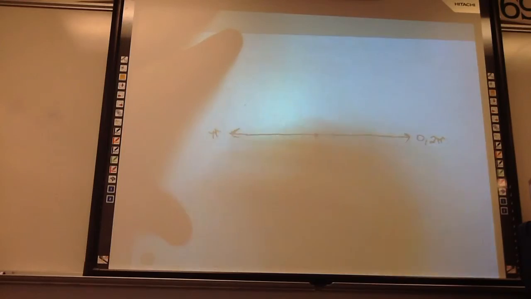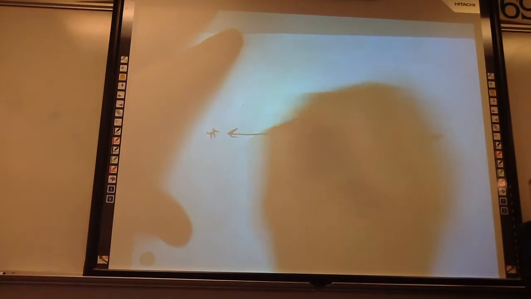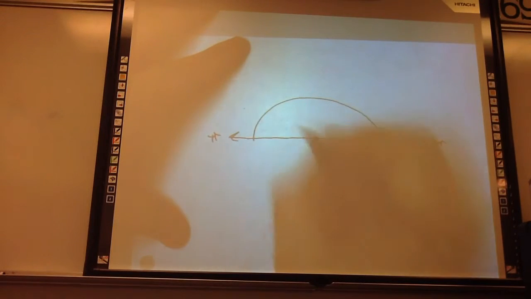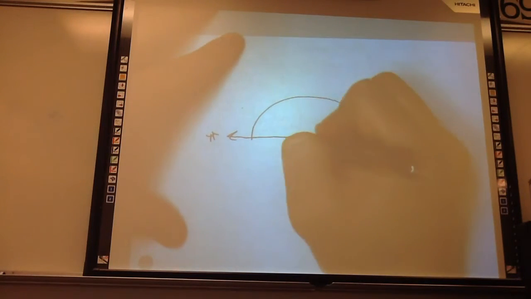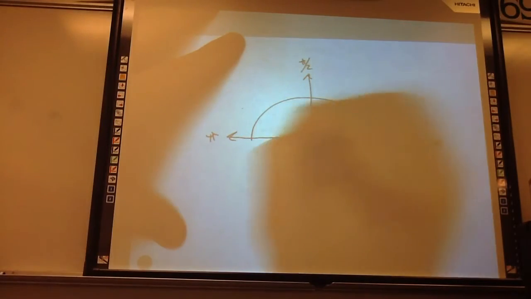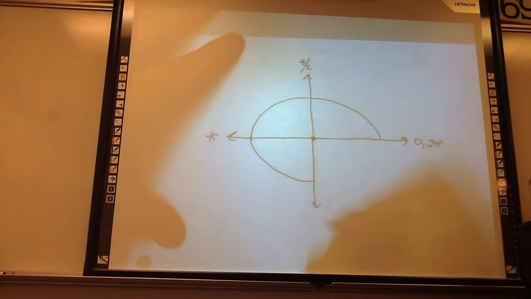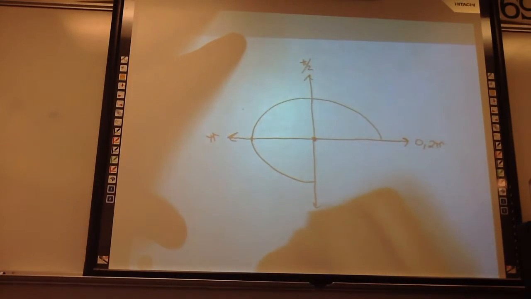It's half of a full circle. A quarter of a circle is pi over 2. If I go 3/4 of the circle, that's pi and a half, 1.5 pi or 3 pi over 2. There's a full circle.